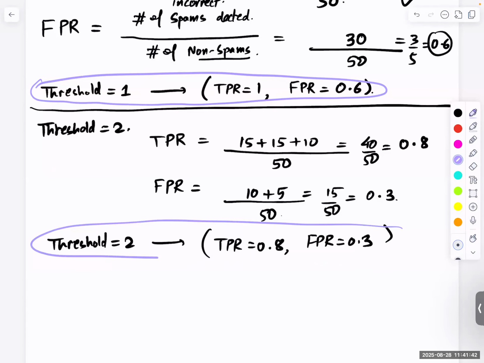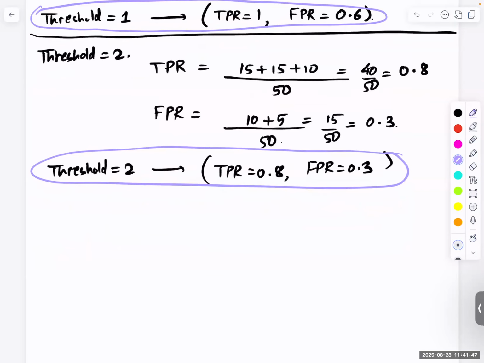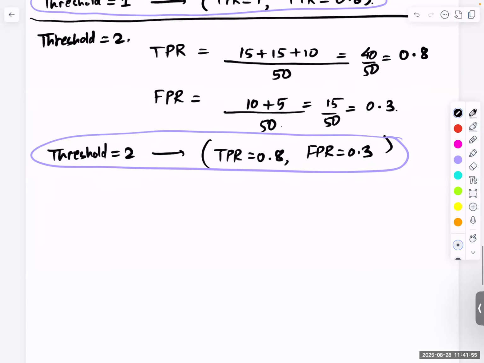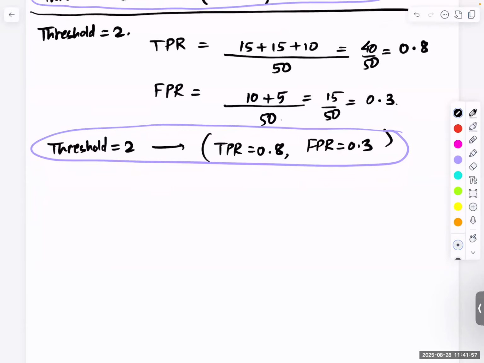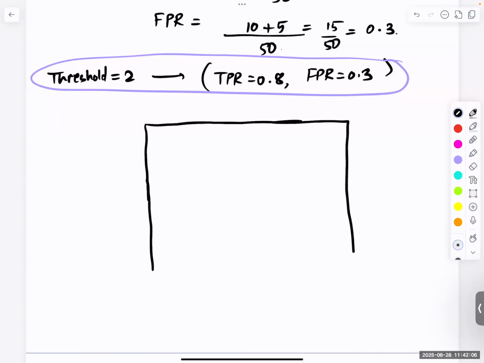Okay. Now you can do the drill. I'm not going to work every single thing out, but you can imagine if I were to now look at threshold 3, what's going to happen? Threshold 4, what's going to happen? I will let you do those calculations, but now we can actually go back to our ROC box. So let me redraw this box.